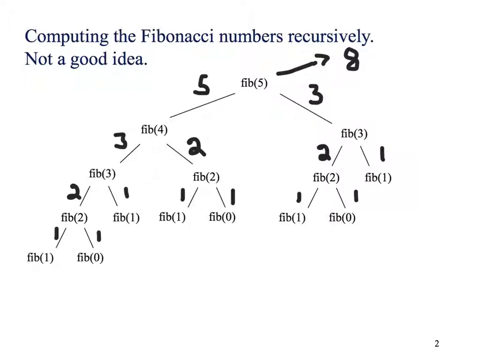And as you try to compute later and later Fibonacci numbers, it gets worse and worse in terms of the redundancy in the program. And actually, the computational complexity of this grows exponentially. In other words, the number of instructions that need to be executed grows roughly as 2 to the n, where n is the number of the Fibonacci number that you're trying to compute.